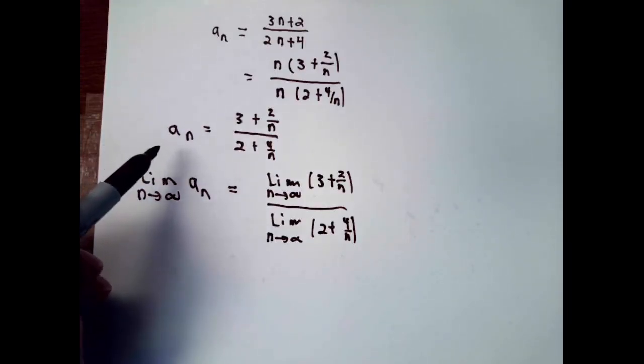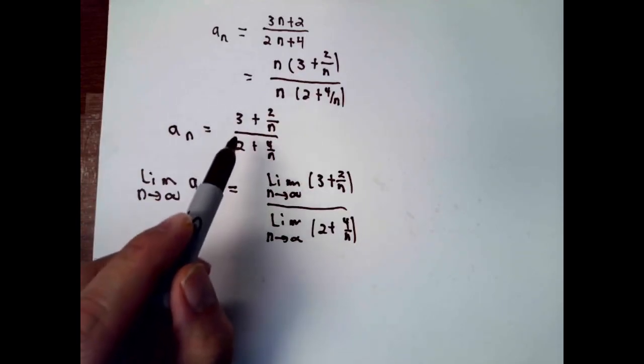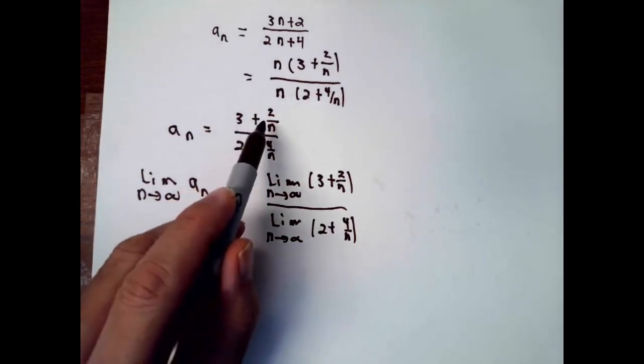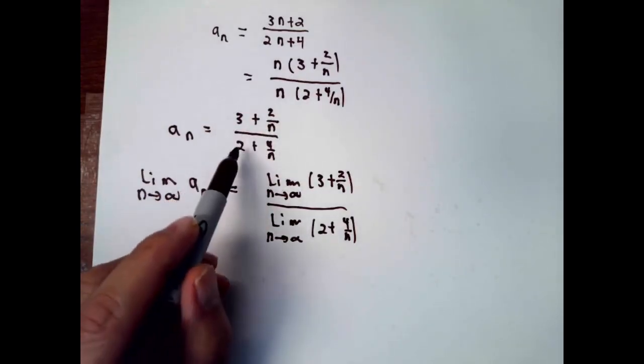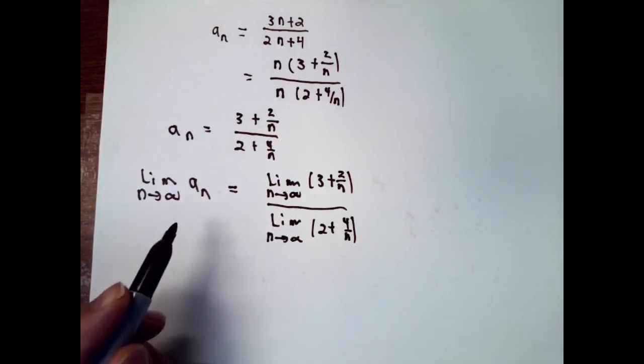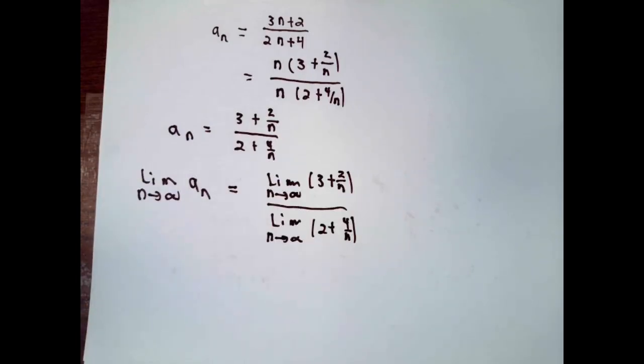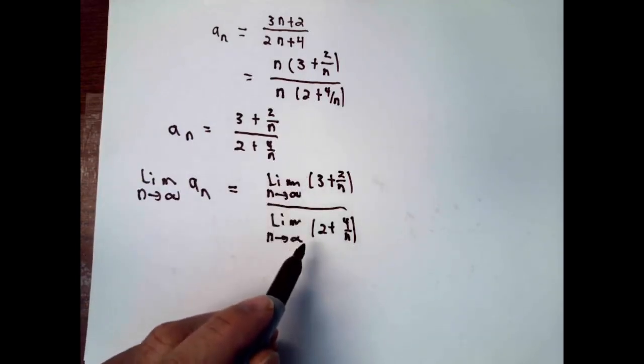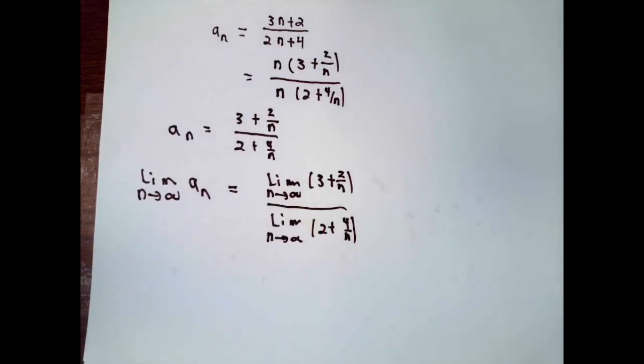So a sub n is actually a fraction. It's 3 plus 2 over n upstairs and 2 plus 4 over n downstairs. When I have the limit of a fraction, it's legal to split it up into the fraction of the limits only under certain circumstances. Both limits have to exist, and the one on the bottom should not be 0.